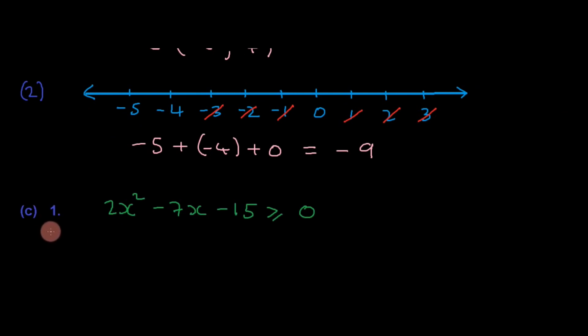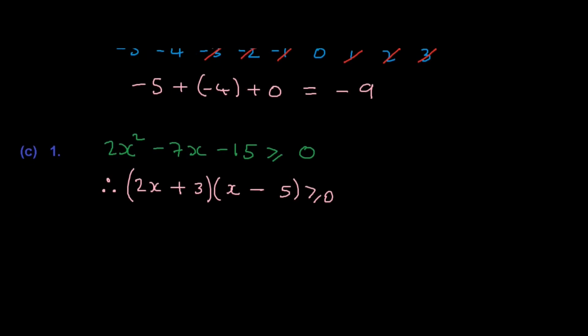So in part 1 of C, we have to solve this inequality. We can factorize the left-hand side. Now we can draw the parabola.